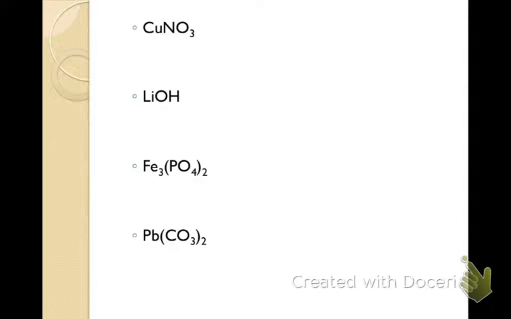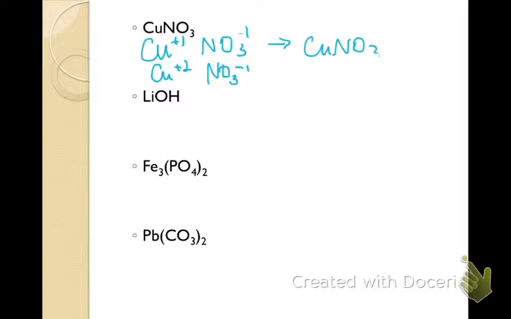So now we're given the formulas, and now we need to figure out what the names are. So I have CuNO3. Remember, Cu is copper. It can be +1 or +2, so I have Cu plus 1, Cu plus 2. I'm going to write both of them down just to see which version of copper I'm going to be using. NO3 is -1, so crisscross them. So this one becomes CuNO3, this one becomes Cu, and then in parentheses, NO3, 2.